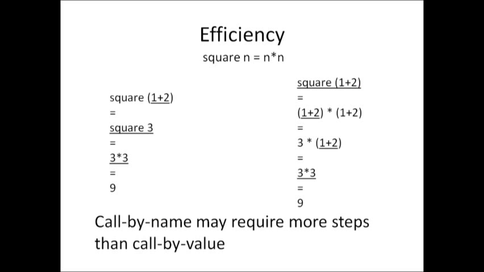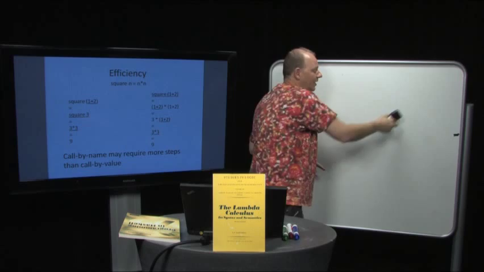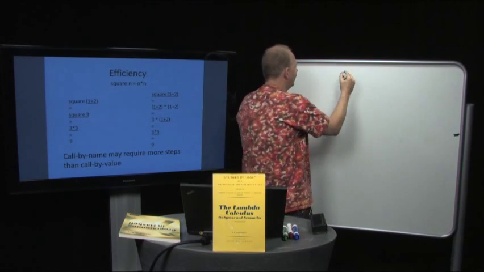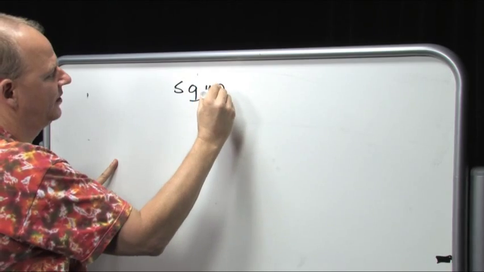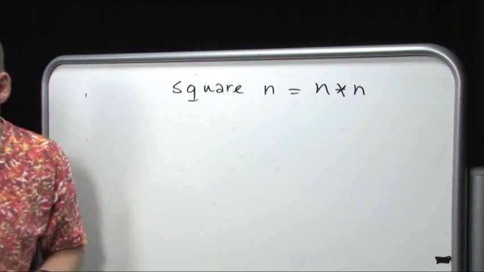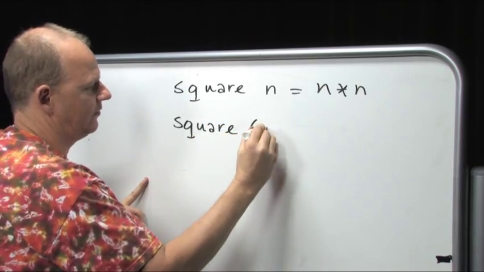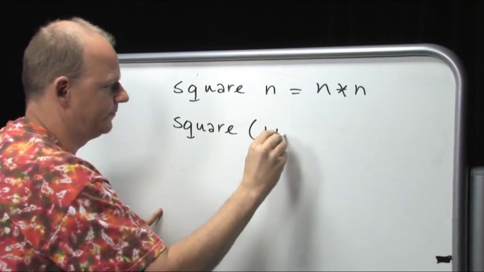Now let's look at efficiency, the number of steps it takes to reduce an expression. And there, call by value does better in this example. What we're going to do here is duplicate the argument. So we're defining the function square of n as n times n. And what we're going to execute is a square of 1 plus 2.